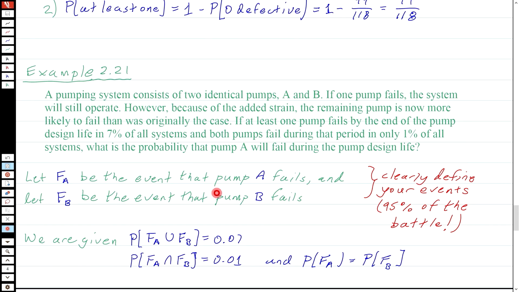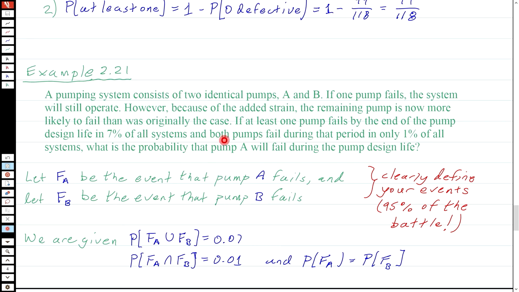Okay, so given these event definitions, we are told at least one pump fails by the end of the pump design life in 7% of all systems. That means the probability of FA or FB, so this is the union, that's the at least one, is 0.07. So I've converted from 7% to a fraction between 0 and 1.